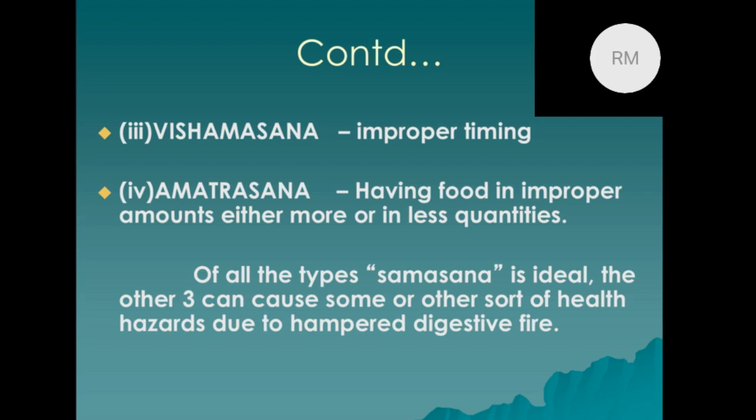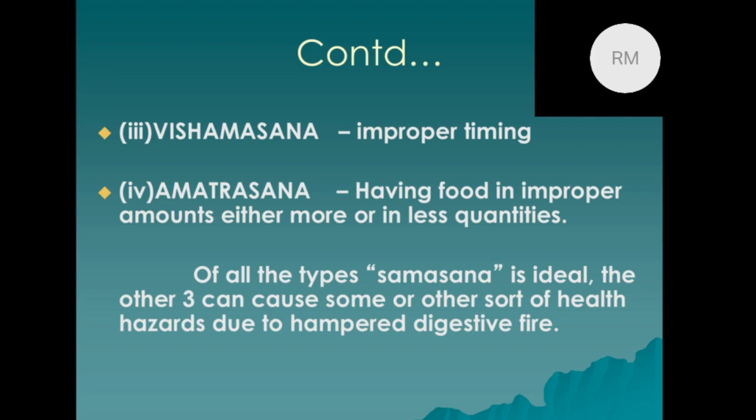Okay, so right, so that's a good thing. And there are some people who are not able to keep timing, they delay their meals, and then they develop acidity, that's called Vishamashana.